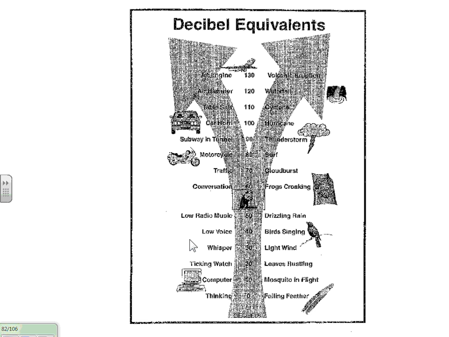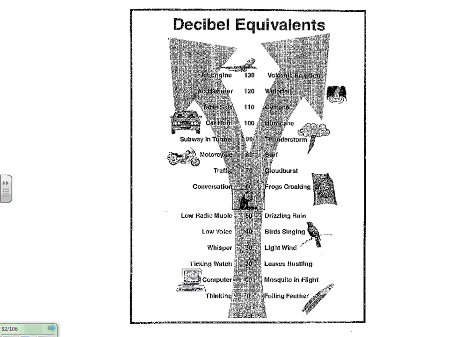Here's what the decibel equivalents look like. I like down in the bottom, thinking is 0. Falling feather is 0. Mosquito in flight is 10. Computer might be 10. Frogs croaking is 60. This was one from my Cummins days. I liked it though. Just a fun thing to look at.